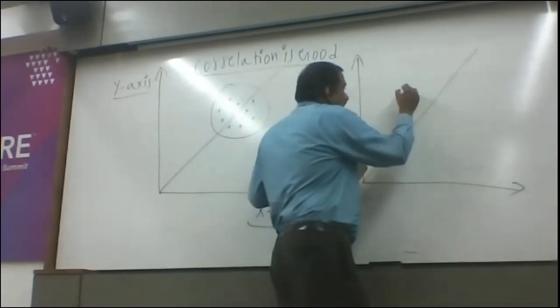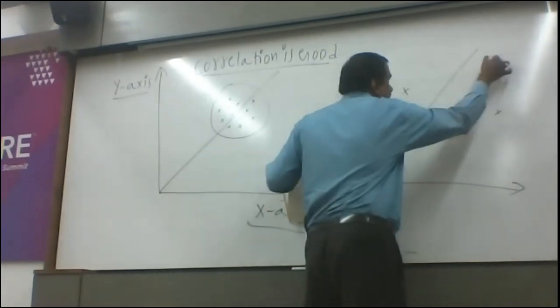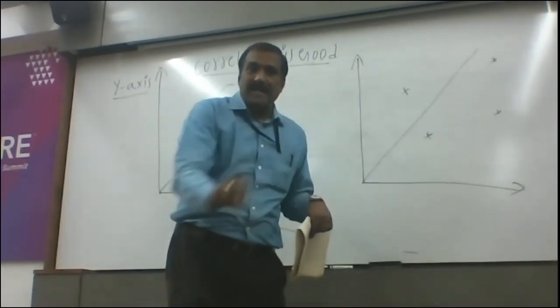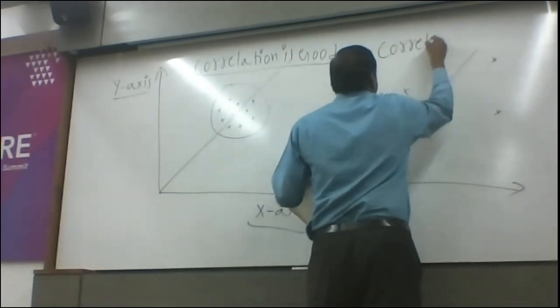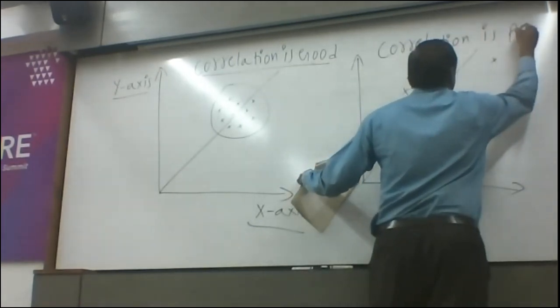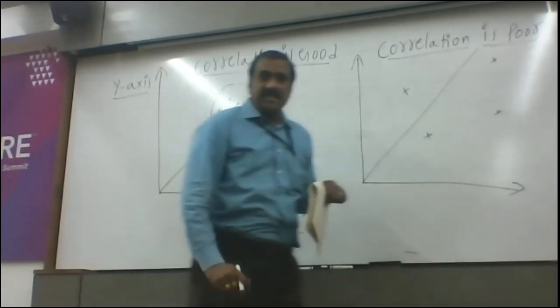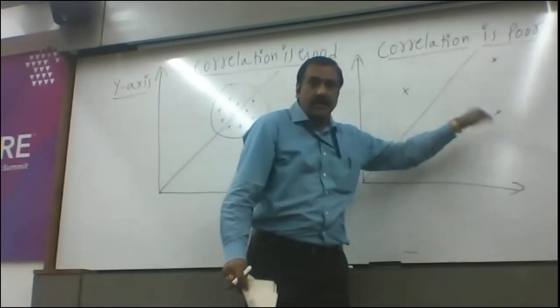For example, one is east and the other one is west, one is north and the other one is south. Even a single point is not matching, you can say correlation is poor because they are widely scattered.